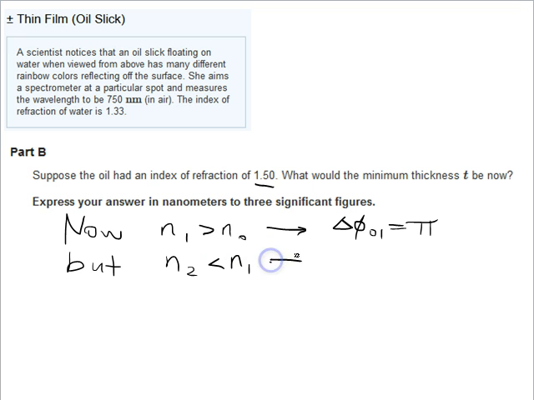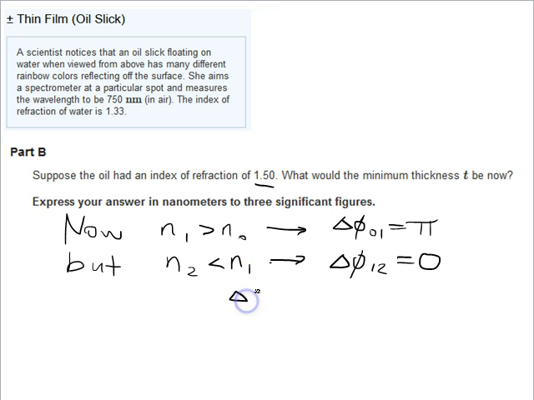So what that means is that the delta phi going from the oil into the water now, since the oil is the thicker medium, when you reflect off a medium which has a lower index of refraction, or a faster medium, this is called internal reflection, and there's no phase shift. It will come back the same way up.